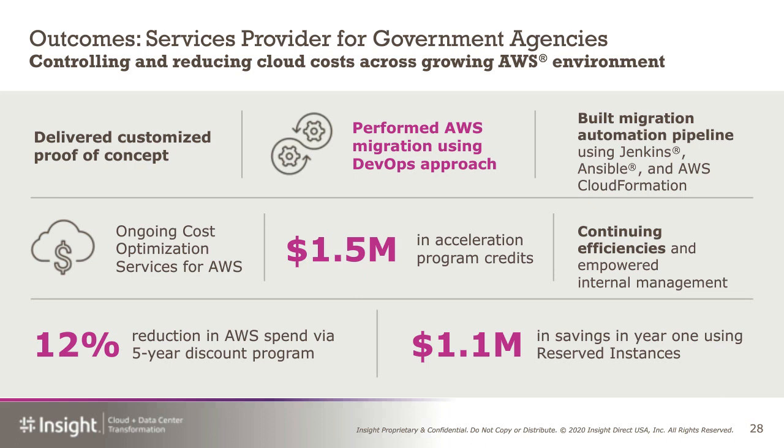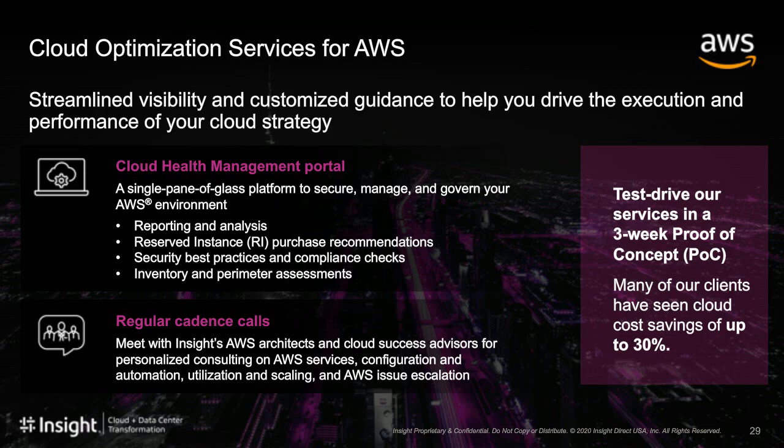And as they've been continuing to increase their footprint within cloud, we've been a partner with them, providing them the tools internally to keep this dialed in and to get optimal value for whatever they are spending within cloud. So at this point, I'm going to turn the presentation back over to my team.